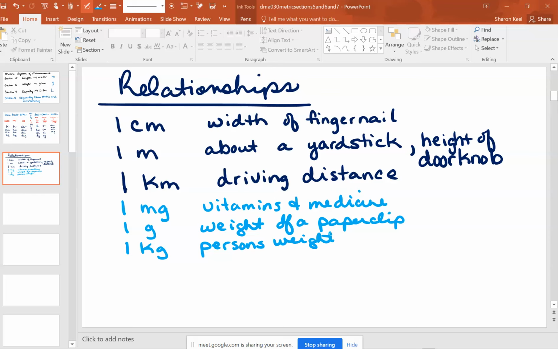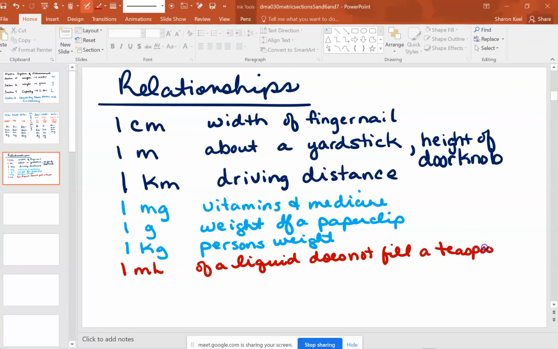And let's think about capacity. When we think about capacity and volume of something, an example would be 1 milliliter of a liquid, which does not fill a teaspoon.